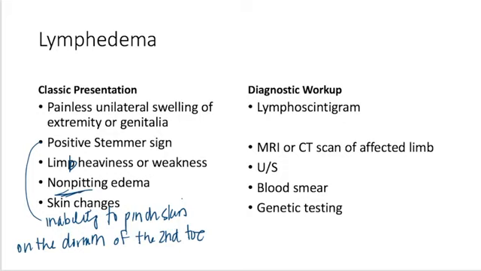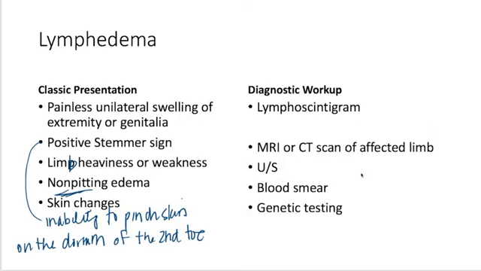You will test it with a lymphoscintigram, which is one of the most accurate tests for lymphedema. It's a radiographic image taken with Tc99-labeled antimony sulfur colloid or albumin injected into the web space, and then they obtain images. It will show dermal backflow, delayed or absent transport, and lack of visualization of the lymph nodes.